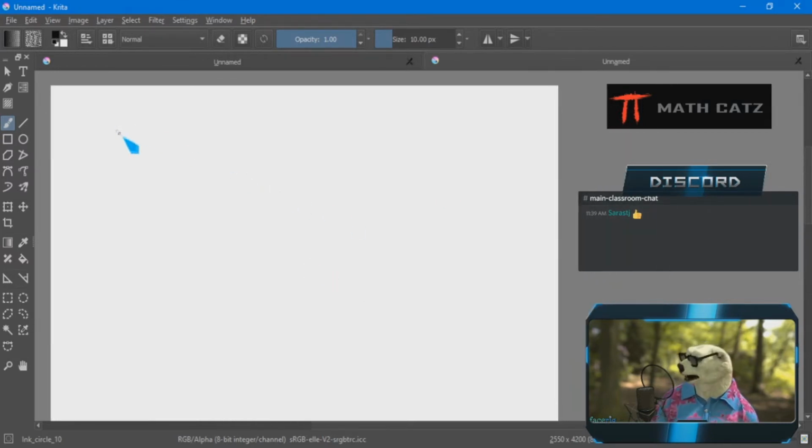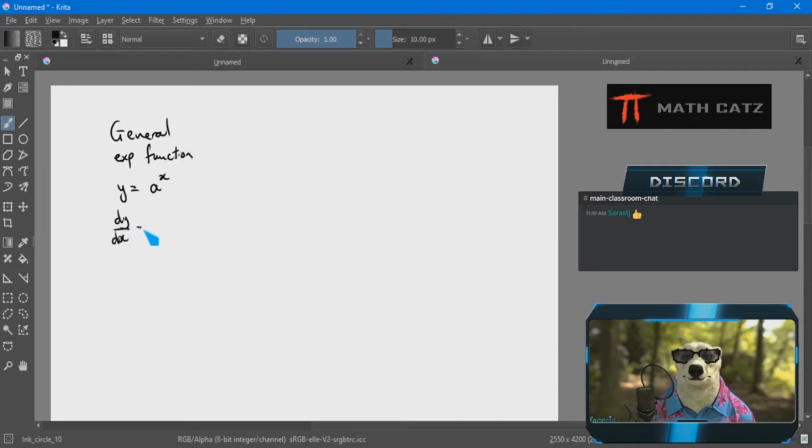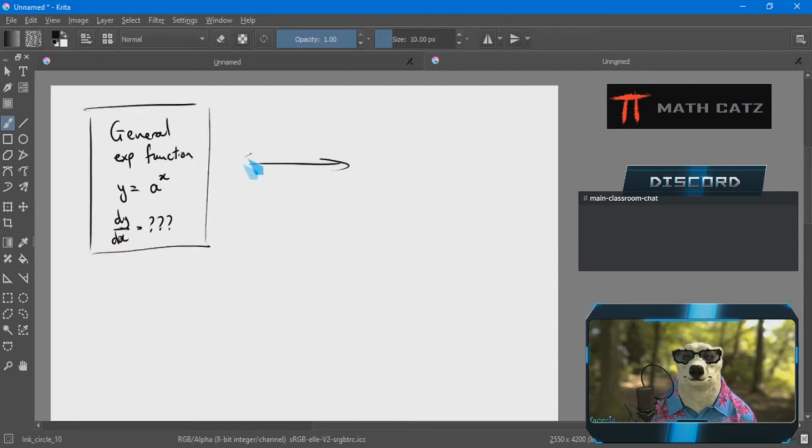So let's have a big picture of what's happening here. Again, I started with the general exponential function, some base a to the power of x. I still don't know the derivative. Okay, that's fine. Then we made it a little bit more specific.